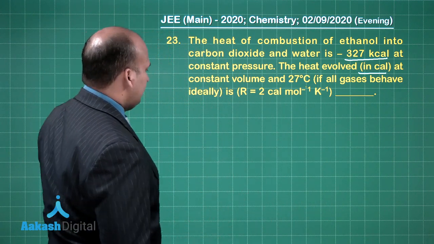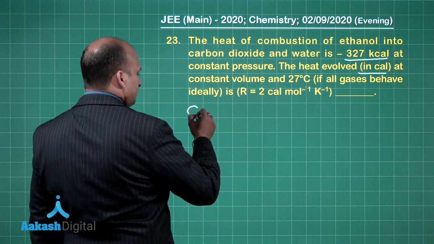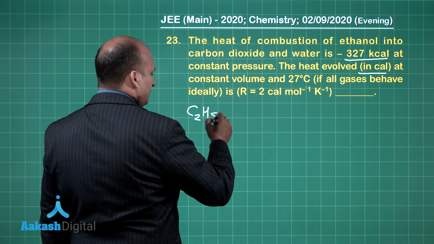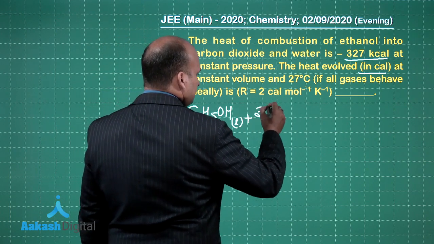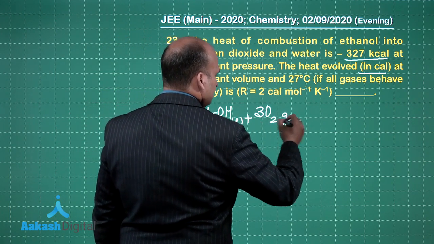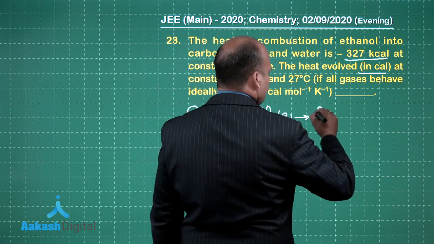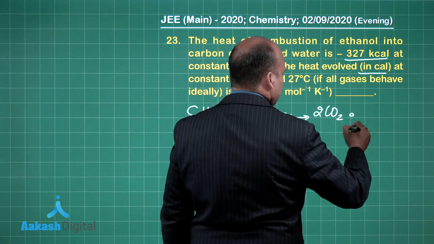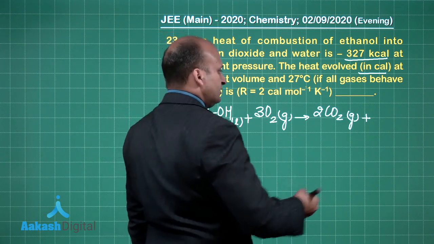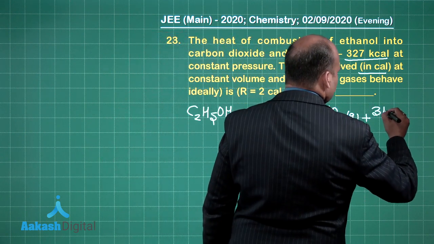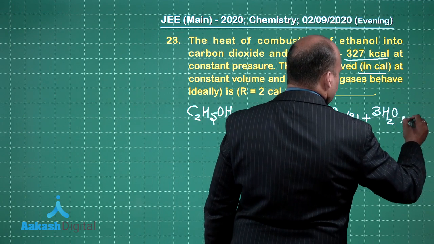First step is to write the combustion equation. See, 1 mole of ethanol requires 3 moles of oxygen gas to form 2 moles of carbon dioxide gas, and since we are taking the temperature at 27 degrees Celsius, I will say 3 moles of H2O liquid.